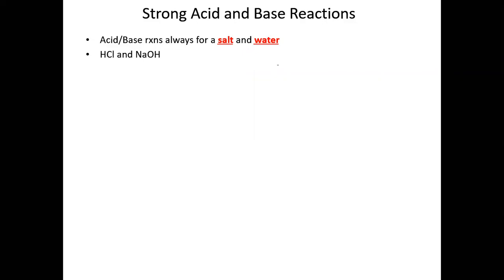Similar reactions will take place, and they would have slightly different net ionic equations. I'll give you a few examples of other than strong acid strong base net ionic equations, so you can see what a weak acid strong base net ionic equation is and a strong acid weak base net ionic equation. But one thing you need to always remember about acid-base reactions is that it always produces a salt and water.